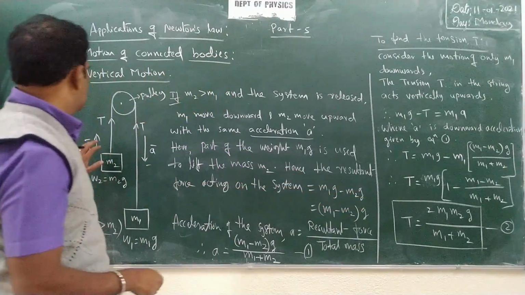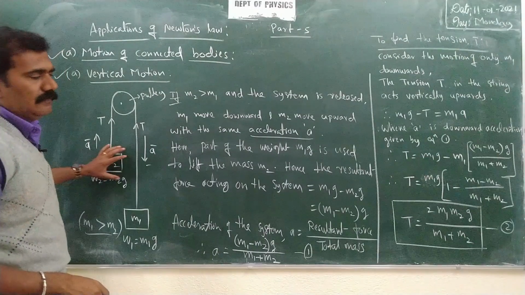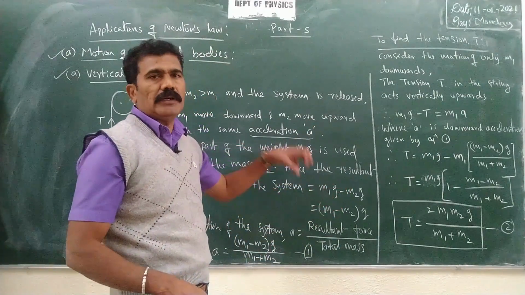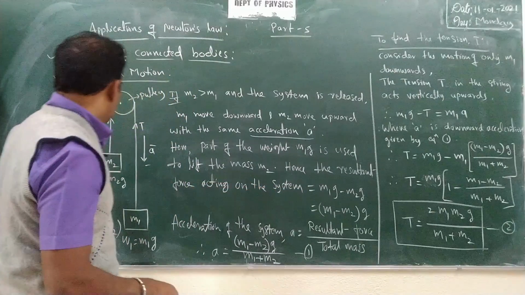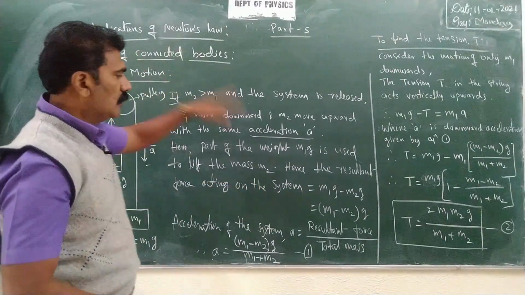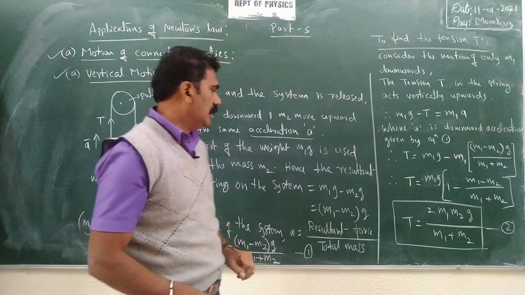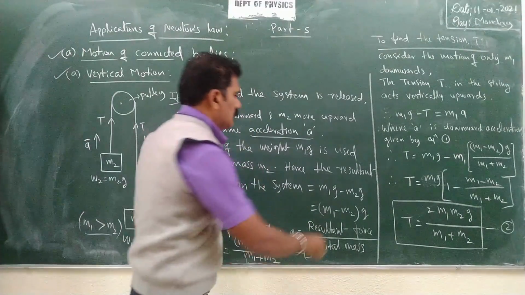If this mass is not connected at all, then it is just moving downwards with the weight M1G. Part of its weight is utilized to move the mass M2 in the upward direction, so you have to subtract M2G here. Clear? What is the common factor? G is common.